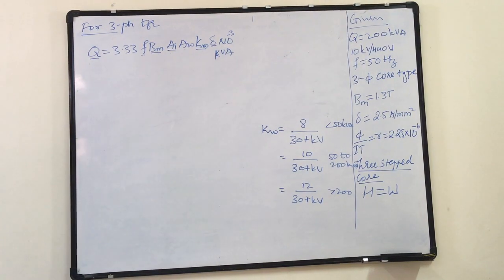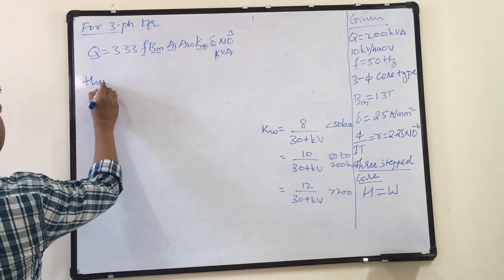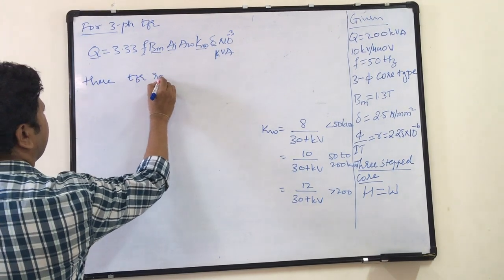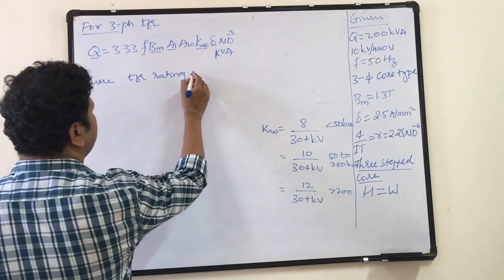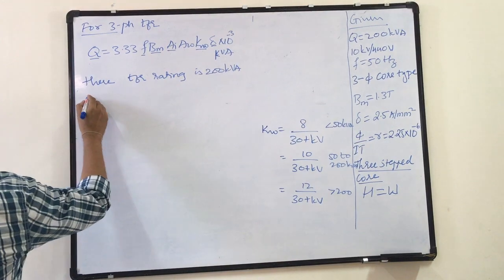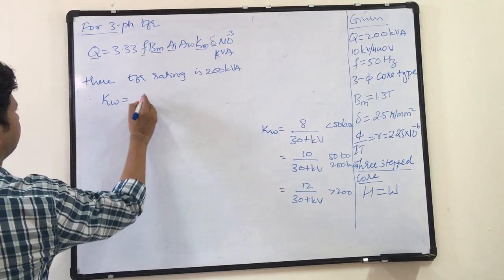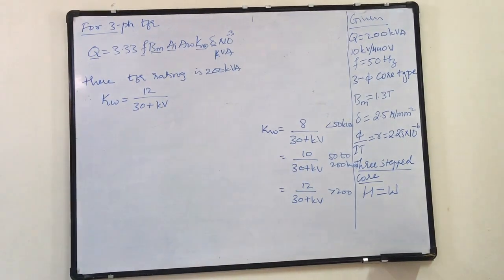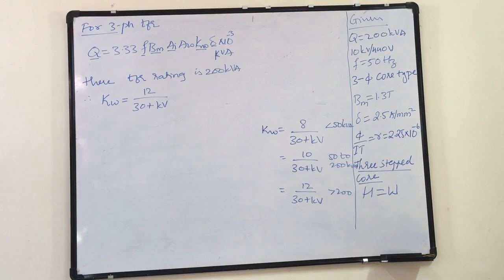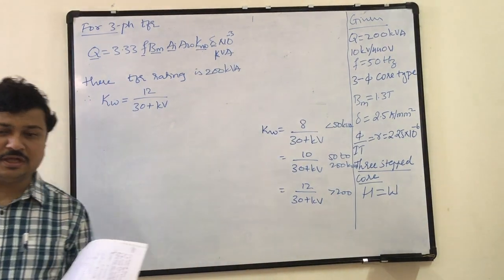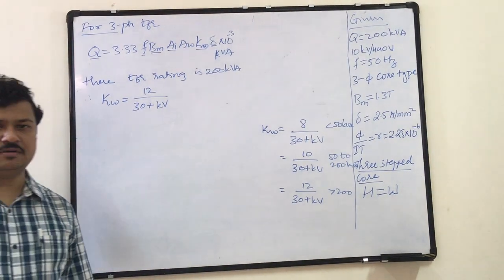Here transformer rating is 200 kVA. Therefore, Kw is equal to 12 divided by 30 plus kV. Now substitute the value of kV. What is kV? kV is the voltage in kilovolts of the HV winding.